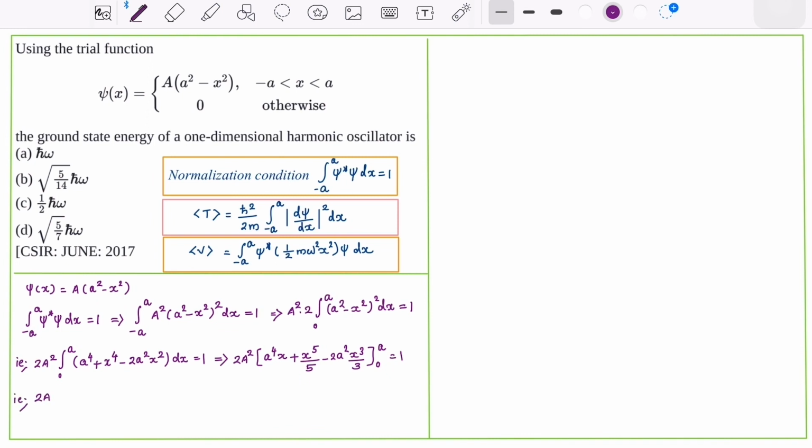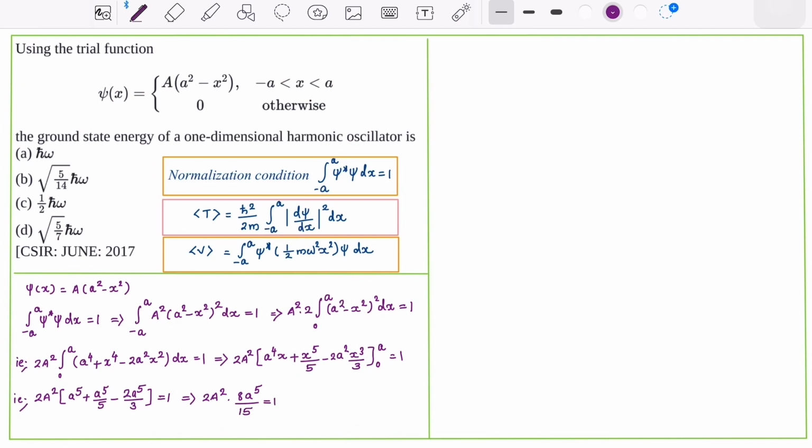That is 2A² into a⁵ + a⁵/5 − 2a⁵/3 equals 1. This implies 2A² into 8a⁵/15 equals 1.